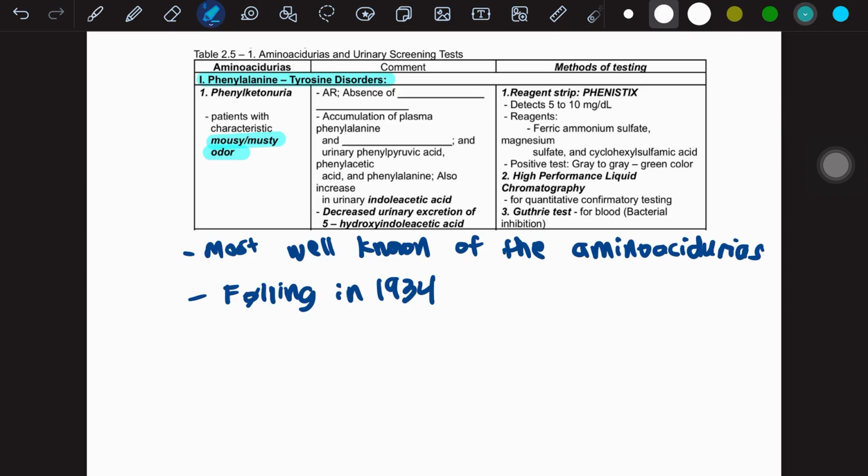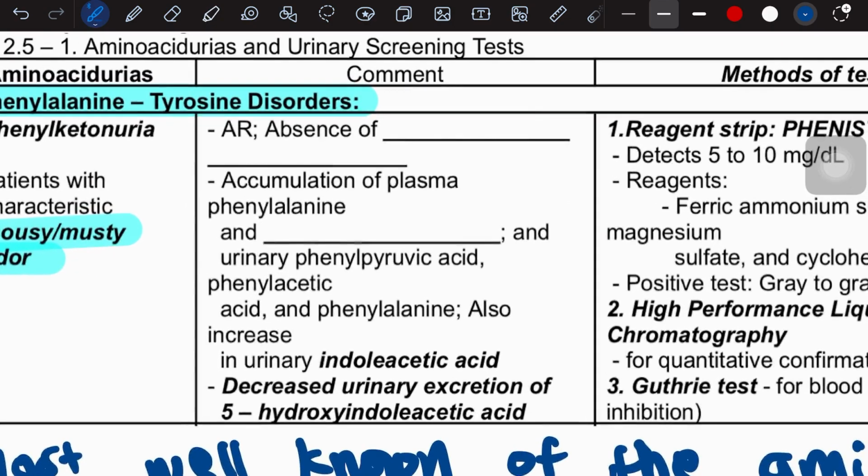Phenylketonuria is caused by failure to inherit the gene to produce the enzyme phenylalanine hydroxylase.